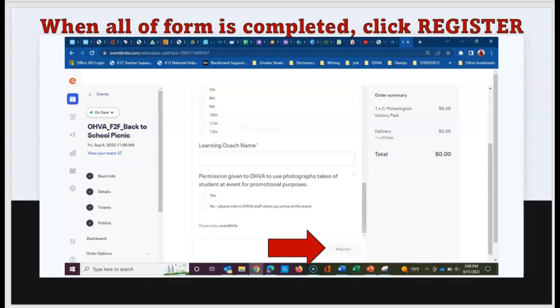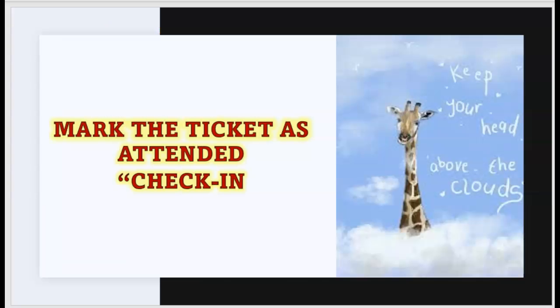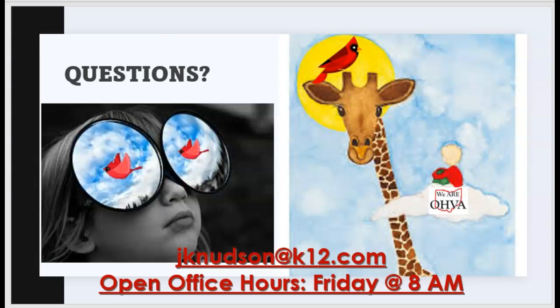But once they've got it all filled in, they click register, and at that time, a ticket will come up, and that can be checked in. Mark the ticket as attended and check them in. This is all to keep our heads above the clouds so that every student gets counted as a virtual school going digital. Imagine that.